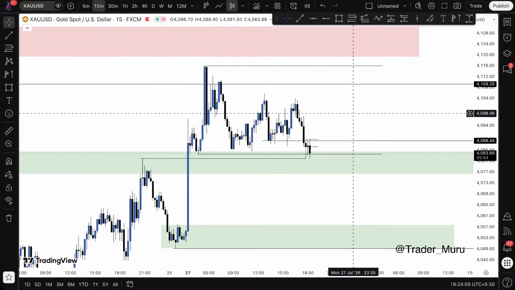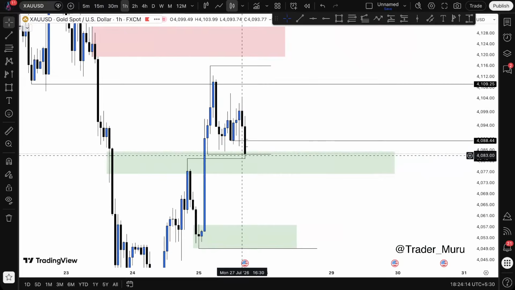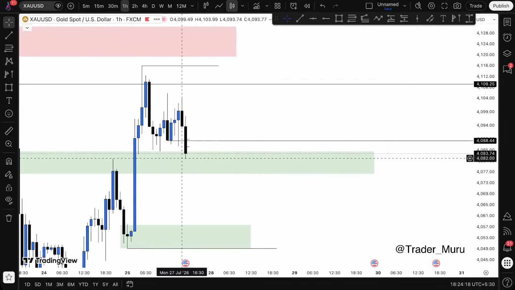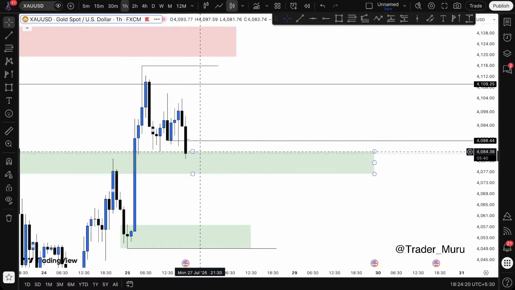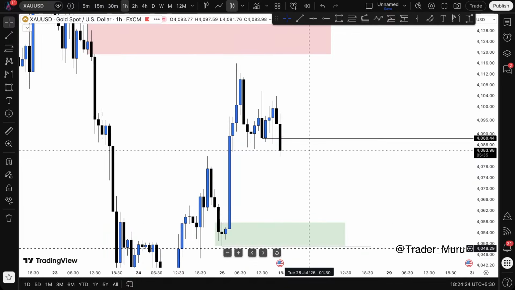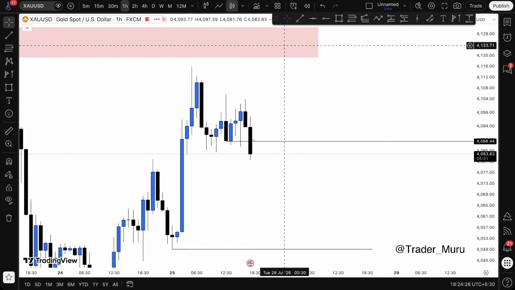Please explain why we need to see an hourly close above 4088 for price to be bullish. Because this is our hourly range. If you forget about all of this and just look at momentum, what is the momentum right now in this full candle? It was bullish.